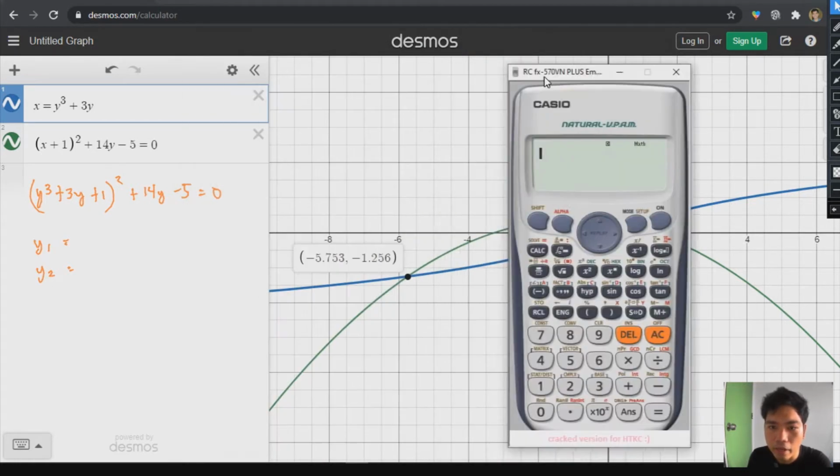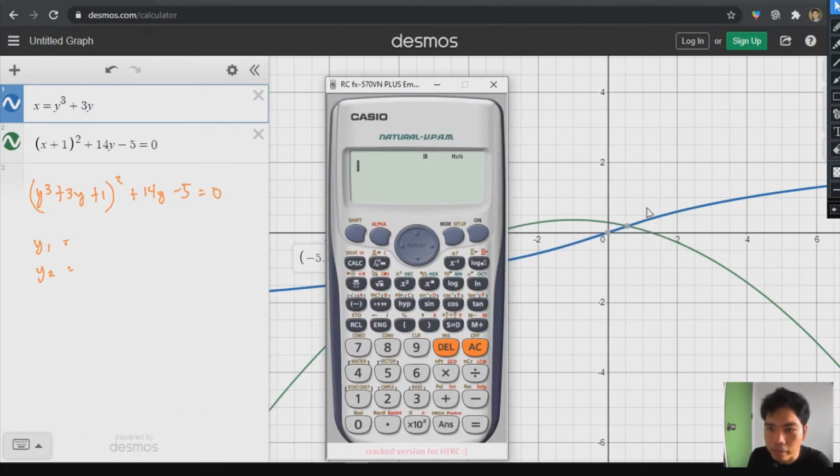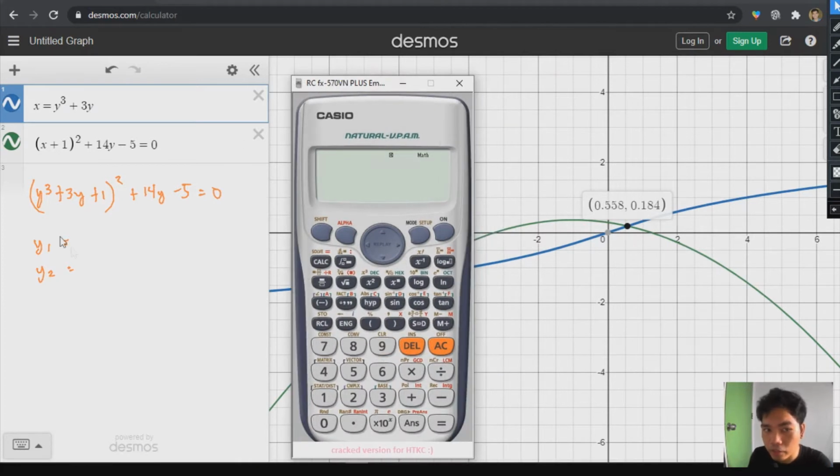From this, we know the value is negative 1.256 and the other is 0.184. It is y that we are looking for. When you write it here it is x, not y, but what we get is a value in terms of y rather than the domain. So just type this.